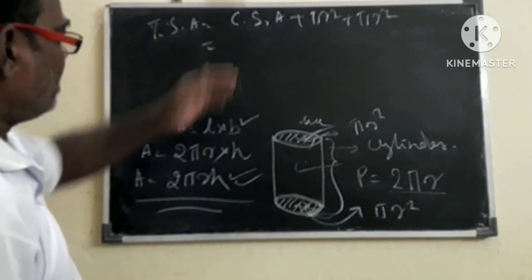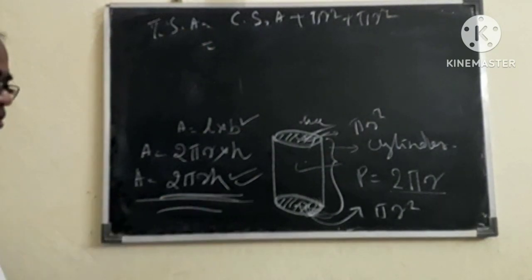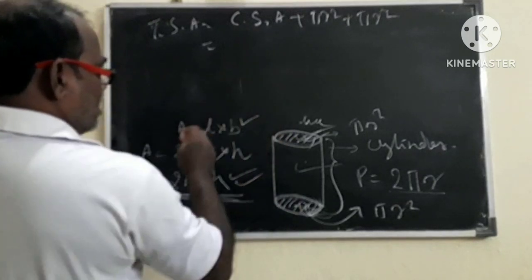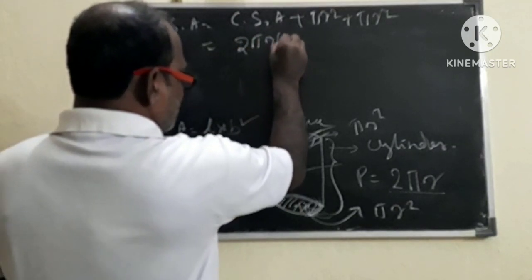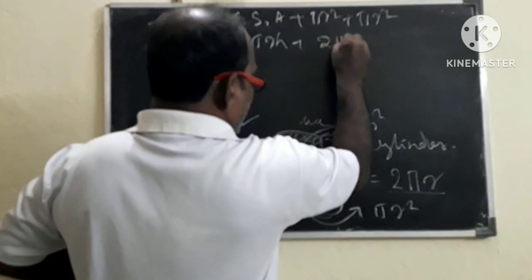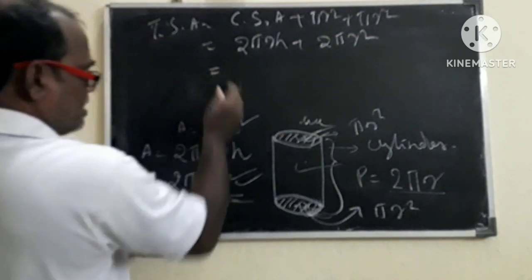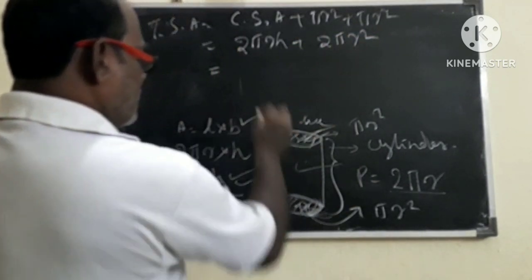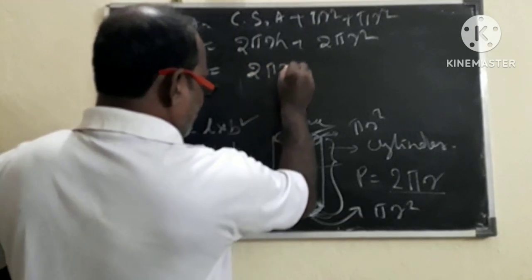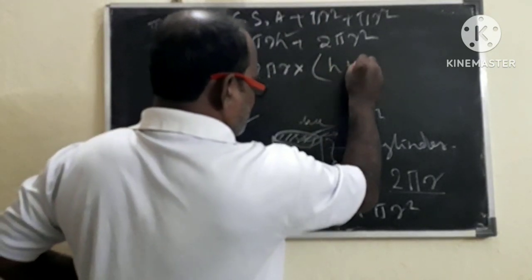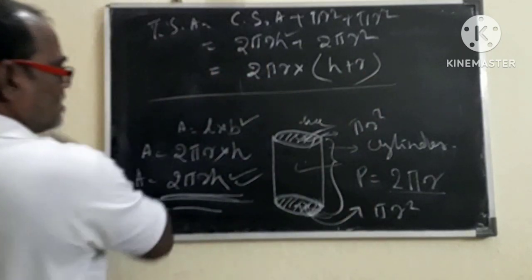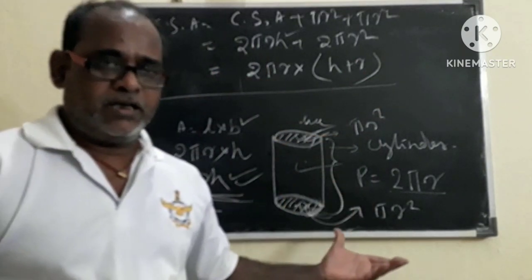Now the curved surface area was 2 pi r h, which already we have derived. So instead of CSA, we can write over here 2 pi r h plus 2 pi r square. From this we can take common 2 pi r into, from here we get h plus r. So this is the total surface area of a cylinder.